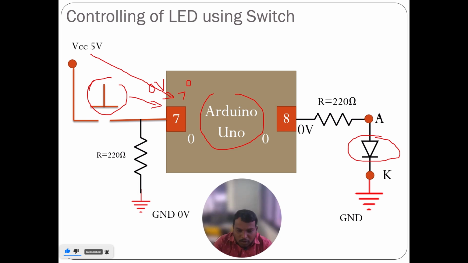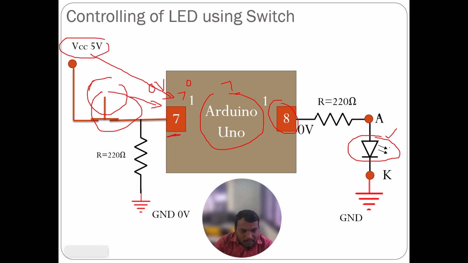So Arduino tells pin number 8 that no data is coming from pin number 7, so turn off the LED. So it is off. Next, when it is pressed, 5 volts is coming from the push button to pin number 7. So 5 volts is coming.